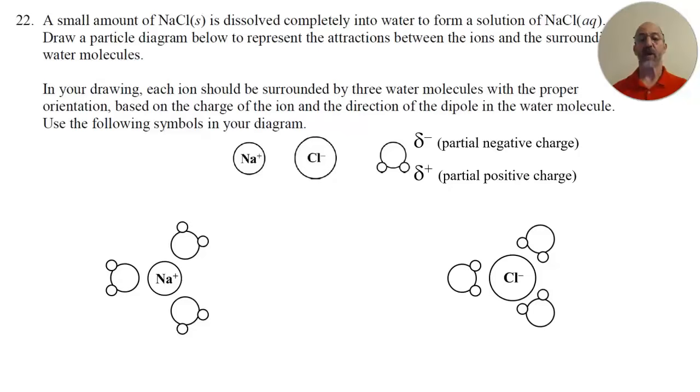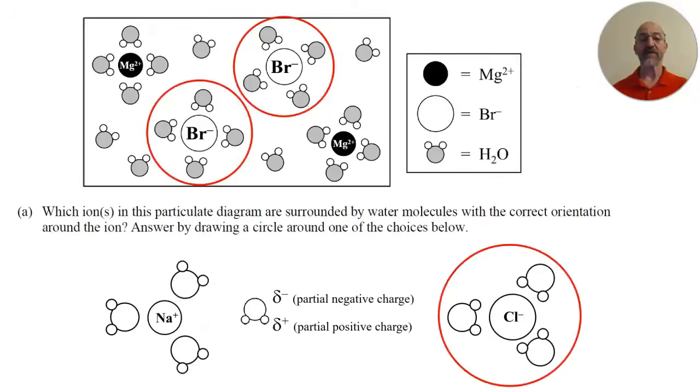So the partial positive charge on the hydrogen atoms are directed toward that negative chloride ion, but then the water molecules have been reversed around the sodium ion, where the partial negative charge of the oxygen atom is directed toward the positive sodium ion.